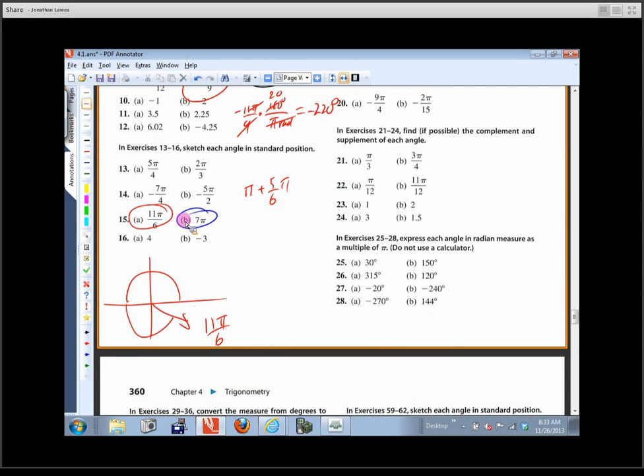Draw what 7 pi would look like. Remember, I said I like to think in terms of half circles, because that's what pi is. That's kind of our equal measurement there. Check with your neighbors, see what they wrote.